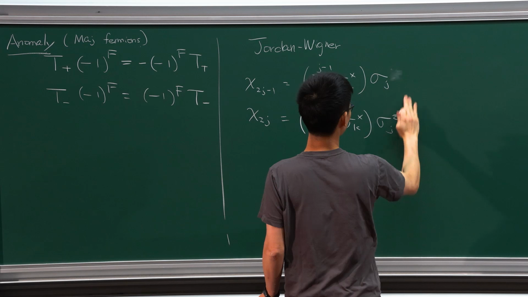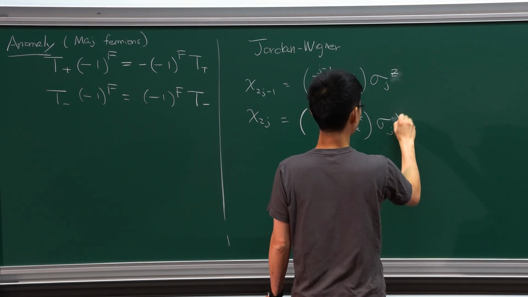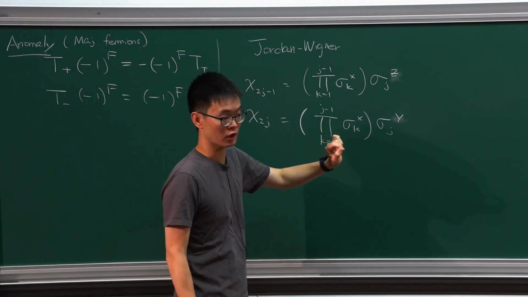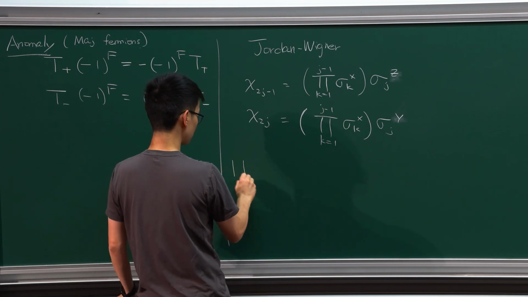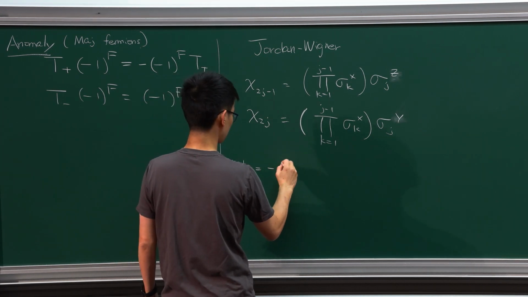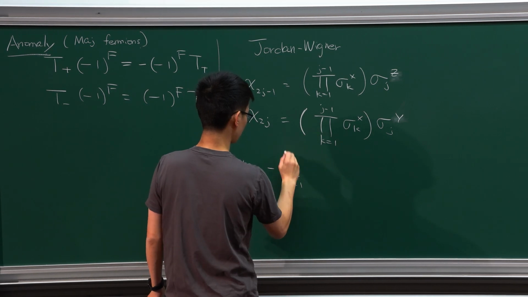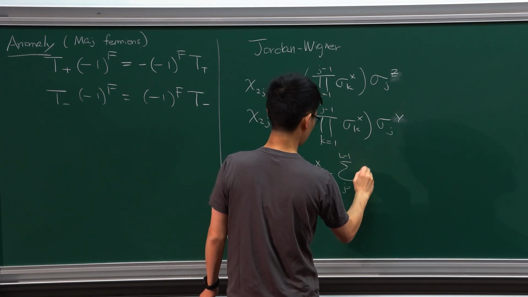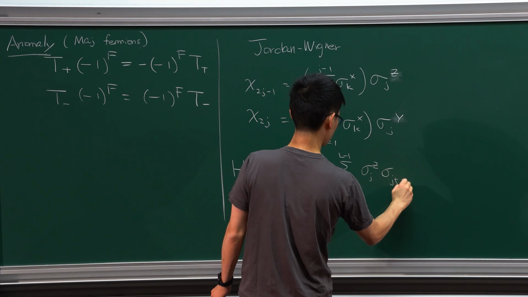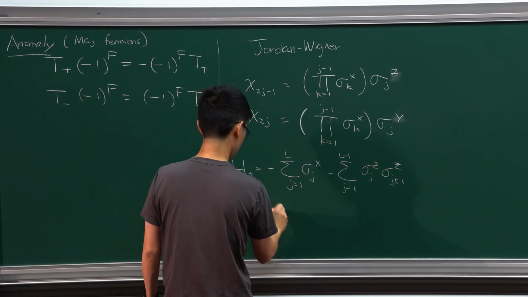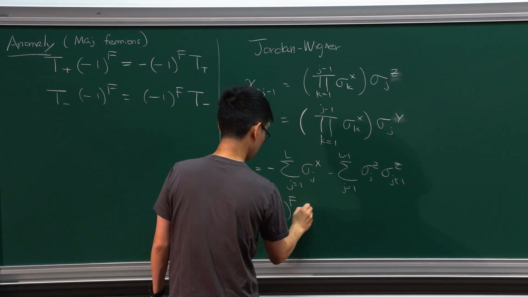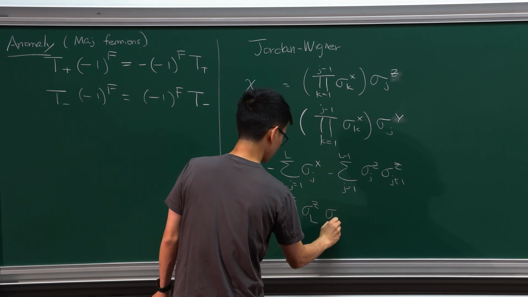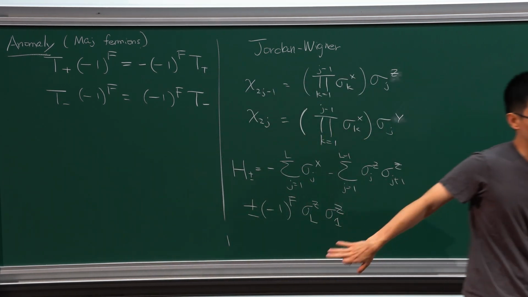No, I got it backwards. So we replace the local fermion variables by some Pauli operators. And under this change of variables, the same Hamiltonian becomes the following. This is where we stopped yesterday.